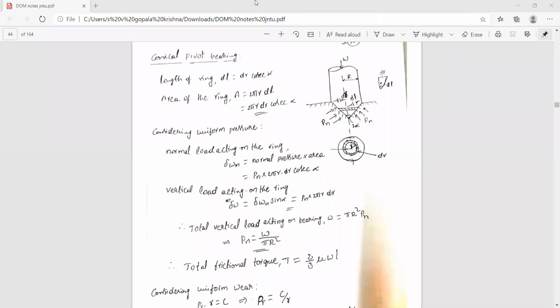We are missing a particular portion, so no need to worry about this portion. That is the total frictional torque acting on the bearing. That is the derivation part.